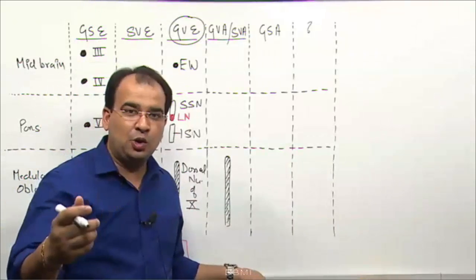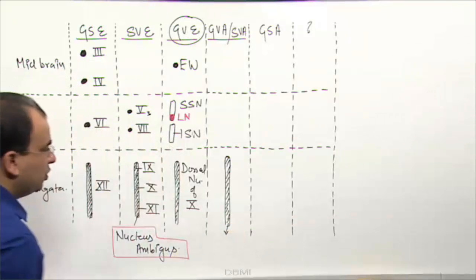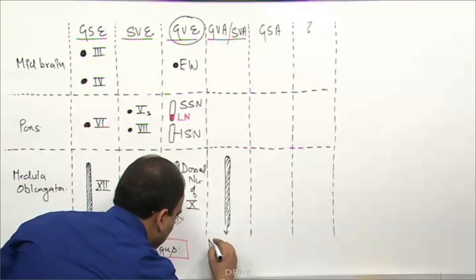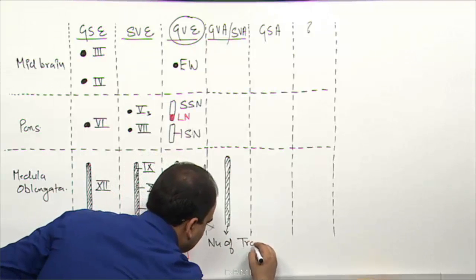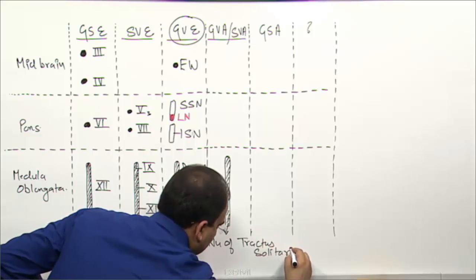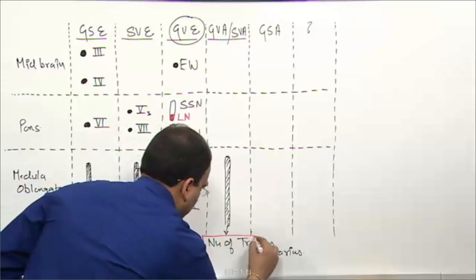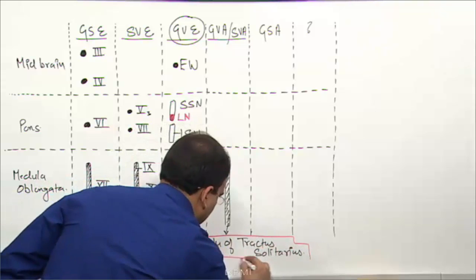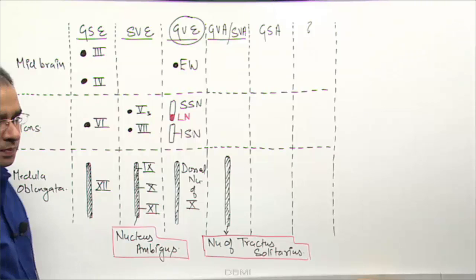Solitary means alone, so it is the only alone nucleus here, called the nucleus of tractus solitarius. This is the nucleus of tractus solitarius.